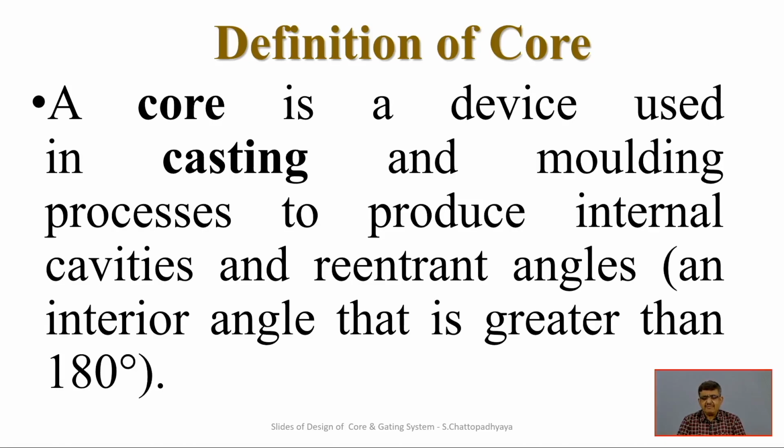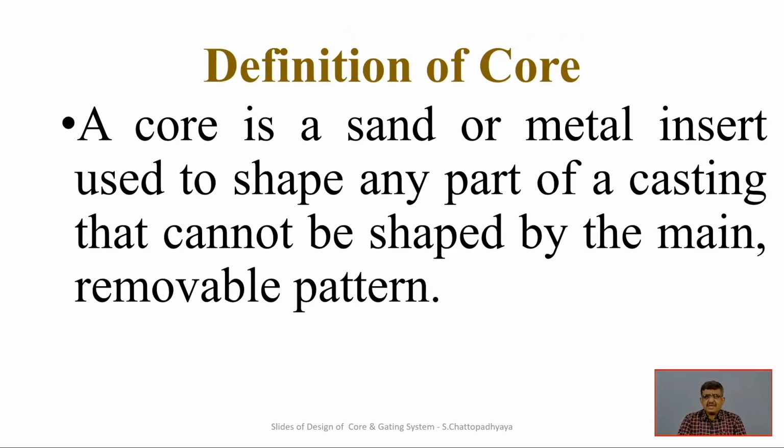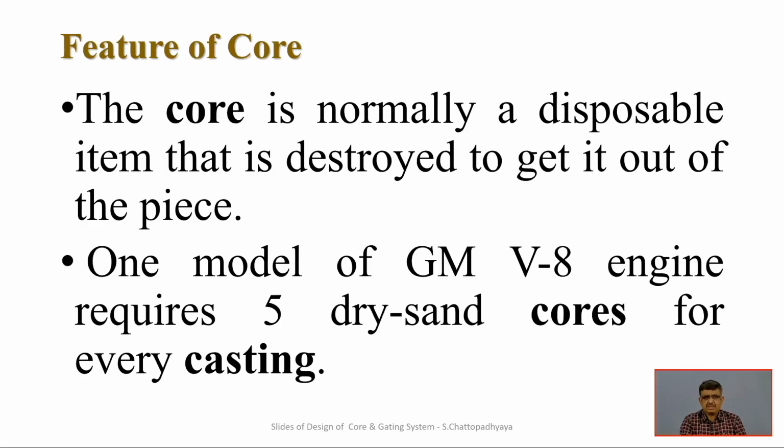So those kind of challenging angles will be produced by the core. A core is a sand or a metal insert used to shape any part of a casting that cannot be shaped by the main removable pattern. What the pattern cannot do, the core will do, and it will remain in the mold at the time of molten metal pouring, and that is important.